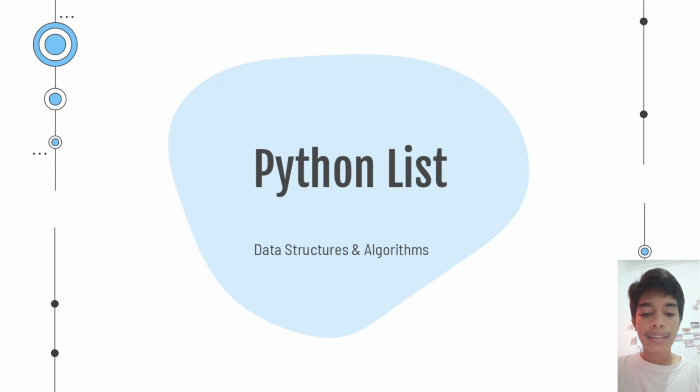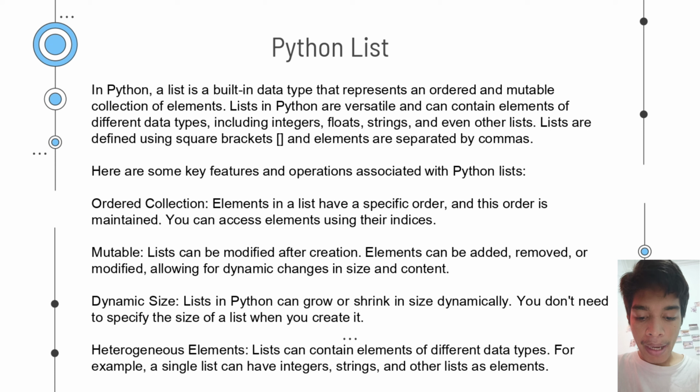Now we're going to go to Python lists. This is part of the types of list data structures. Python lists are a built-in data structure that represents an ordered and mutable collection of elements.